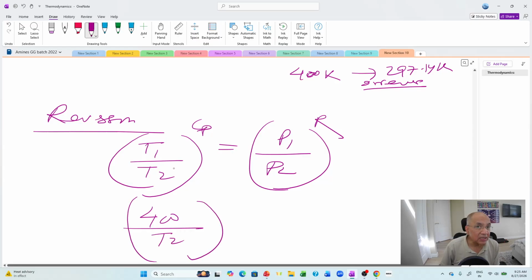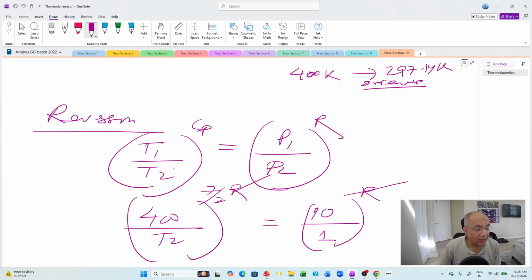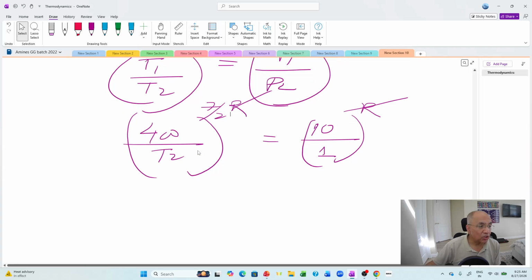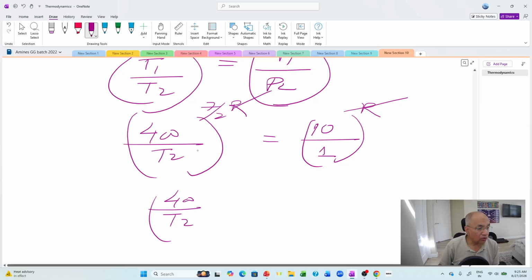Cp is 7 by 2 R. 5 by 2 R is Cv. And this is P1, initially 10 atmosphere, and now it is 1 atmosphere, to the power R. So R gets cancelled. So 400 by T2 to the power 7 by 2 is equal to 10.